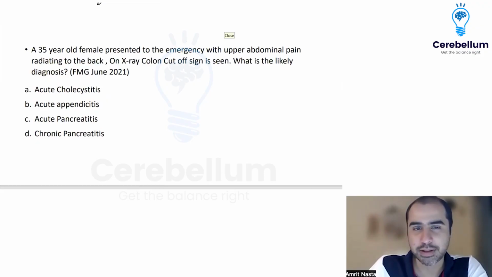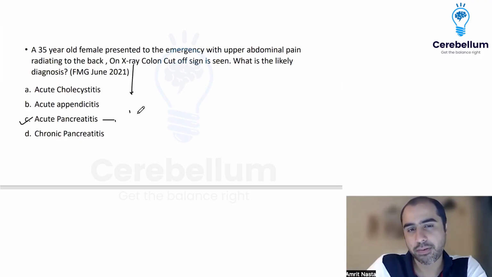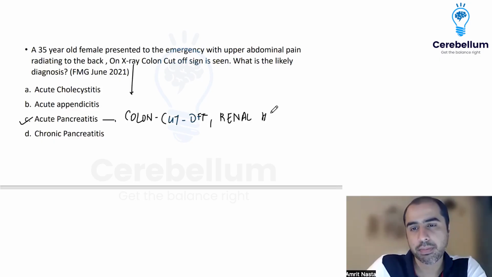Any idea of this? Colon cutoff. So there are some X-ray findings of acute pancreatitis. One of which is this colon cutoff. But these are non-specific, so you cannot rely on them. Colon cutoff, renal halo, sentinel loop.